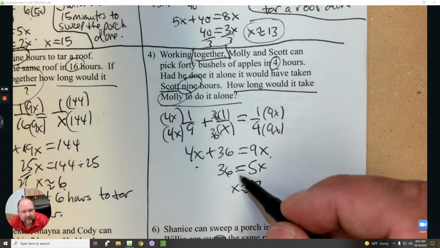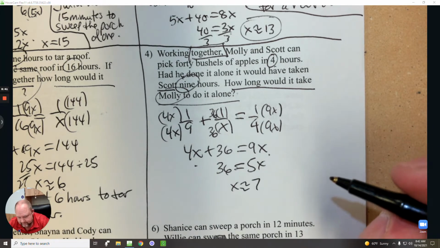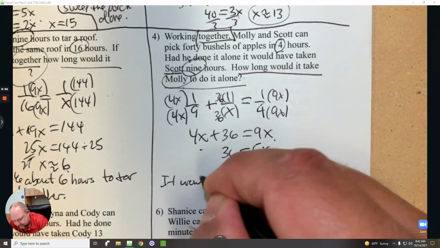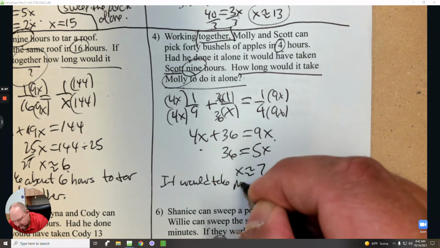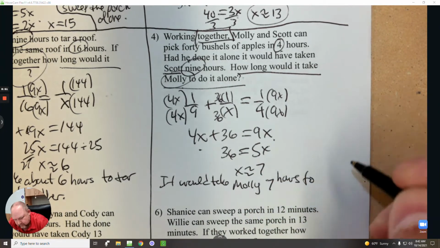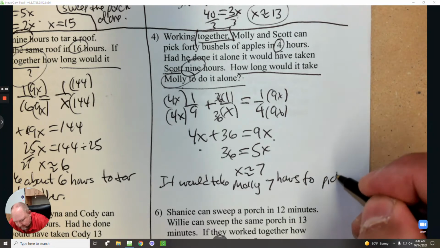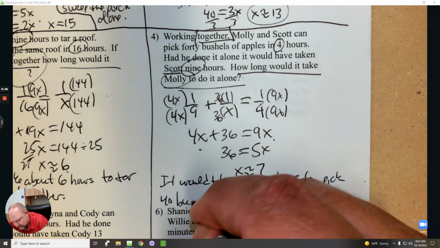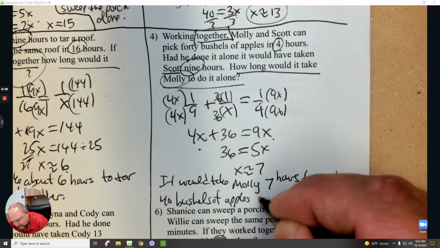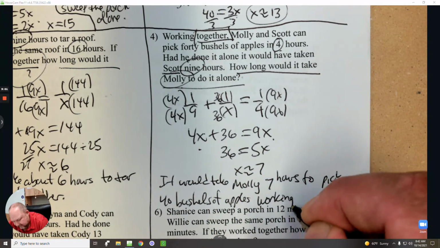So 5 times 7 is 35, so it's close to that. And then the sentence. It would take Molly 7 hours to pick 40 bushels of apples working alone. A good solid sentence at the end.